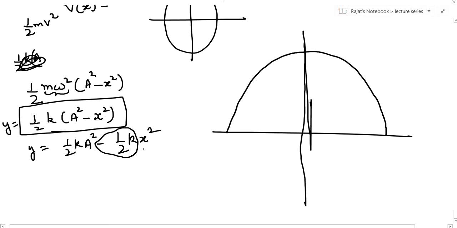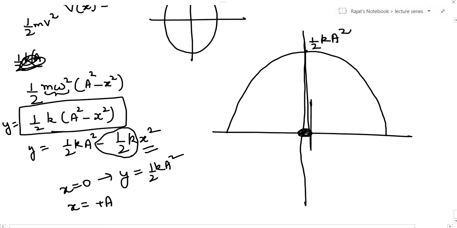When x is 0, if you put x equal to 0, then y is half k a square. So at x equal to 0, y is half k a square. When x is equal to plus a or minus a, then y is equal to 0.